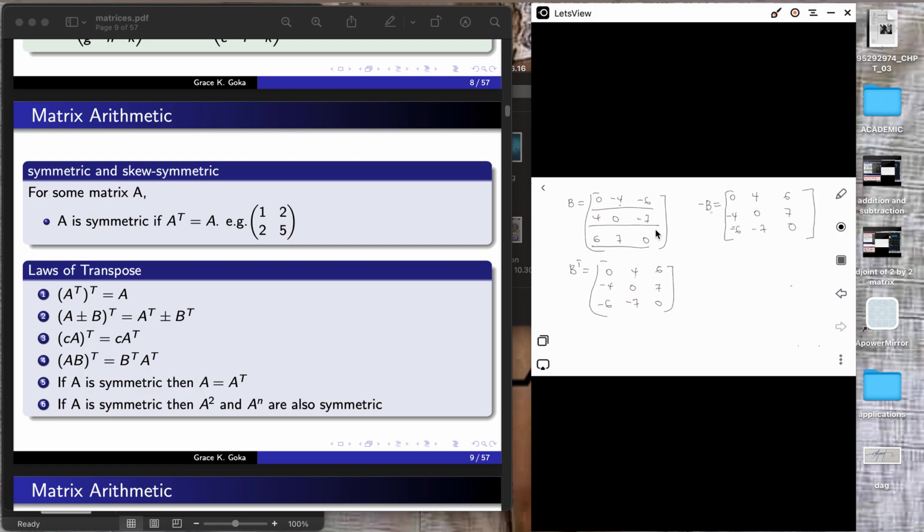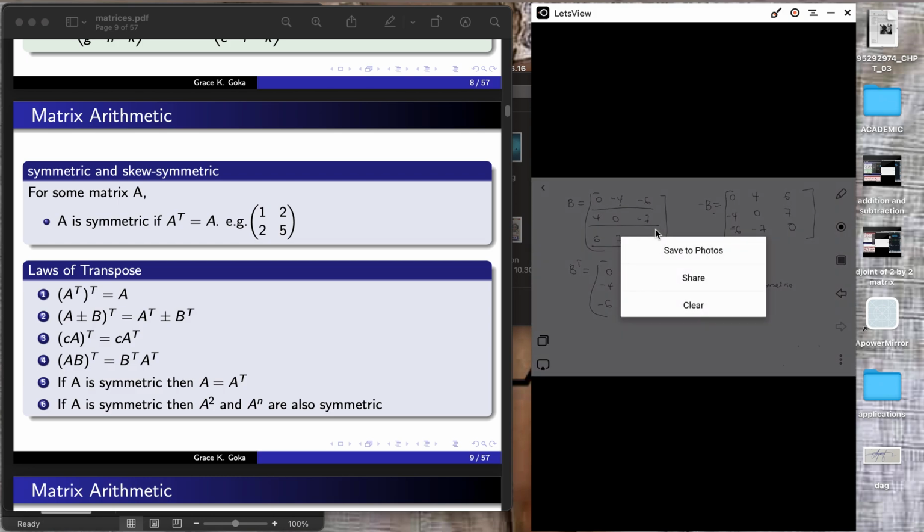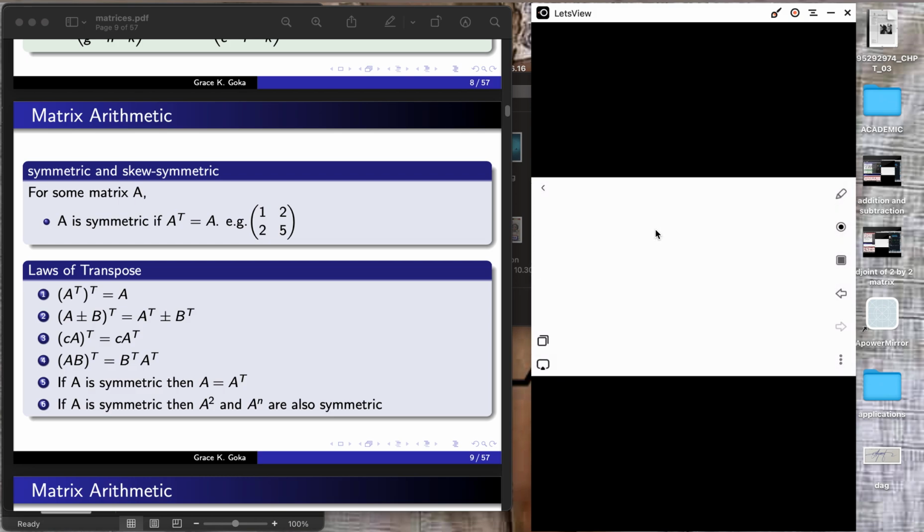Now if I compare minus B and B transpose, you notice that they are the same. So B is the same as B transpose, negative B. Since B transpose is the same as negative B, we said that matrix B is skew-symmetric matrix. All right. Now let's look at the third example.